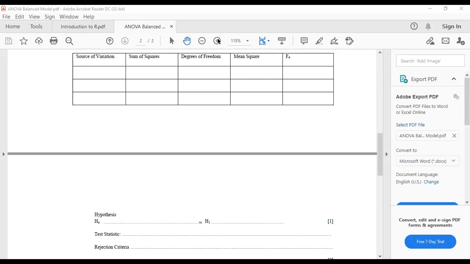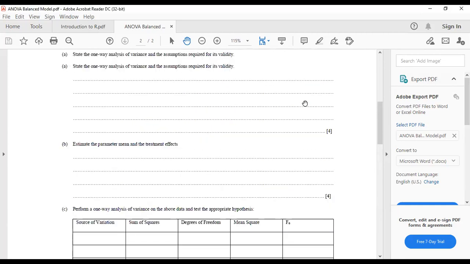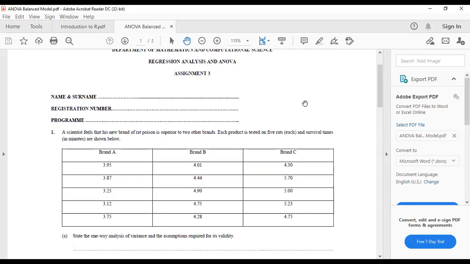Did you read the question? The top part says a scientist feels that his new brand of red poison is superior to the other two brands. We want to prove that the statement, is it true or false?